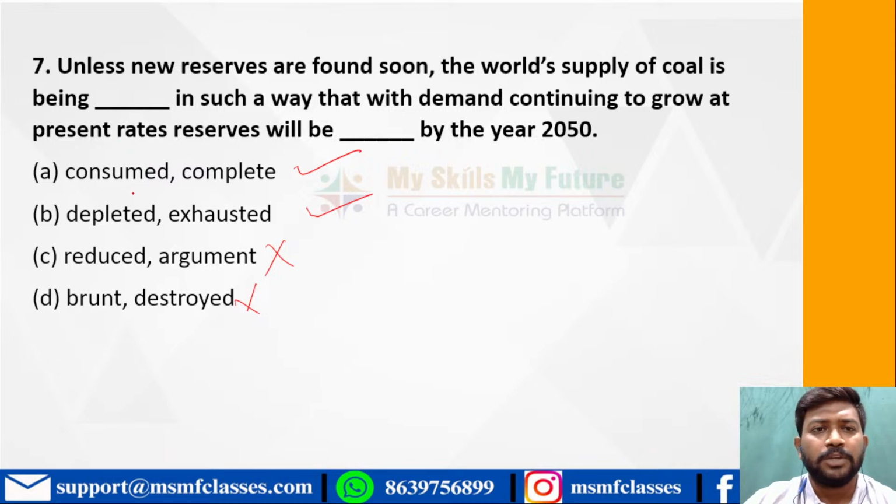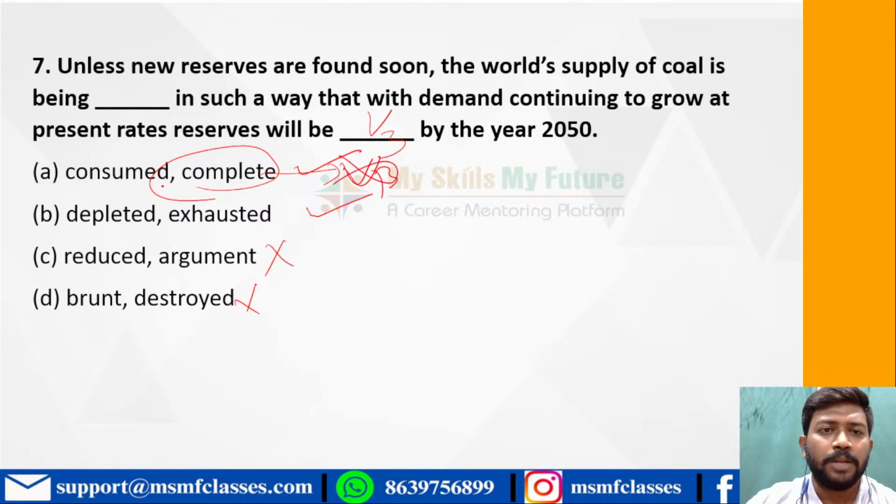So consumed in such a way that with demand continuing to grow at present rates, reserves will be, after the be form we must use V3. Complete is not V3 here, so you can eliminate it. This is V1, so eliminate this one. Exhausted means completed, and it is V3, so you can go with it. So option B becomes the answer.